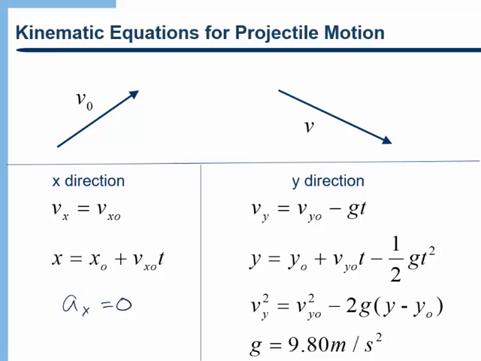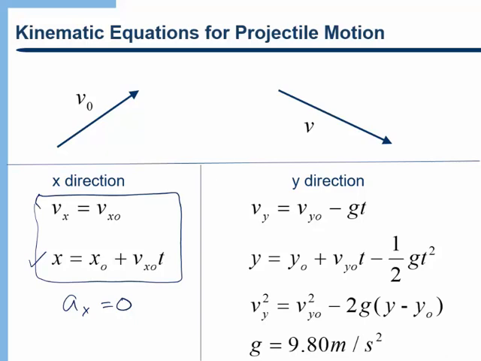If you go back and look at the one-dimensional equations for the x direction and you set a equal to 0, what you come up with is really only two useful equations: that the x component of the velocity never changes, and that the position can be calculated at any time t with this equation.